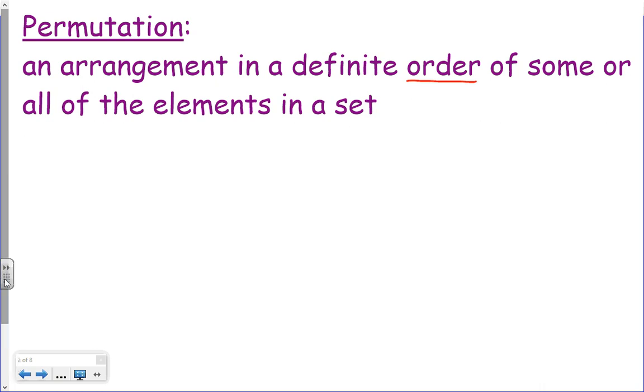We'll talk about a combination in the next section, and when we deal with a combination, we'll see that the order does not matter. This is what distinguishes these two topics. So we're going to deal with permutation first in this section. With a permutation, the order matters.